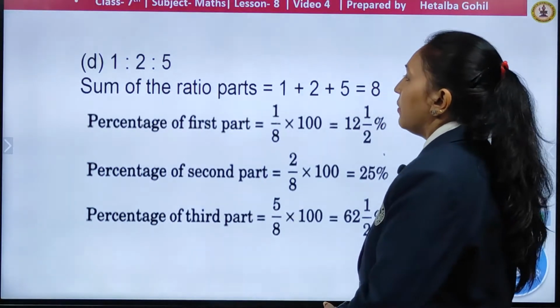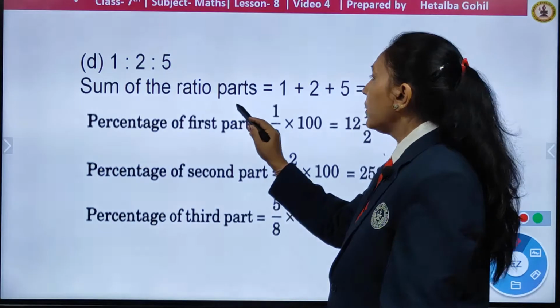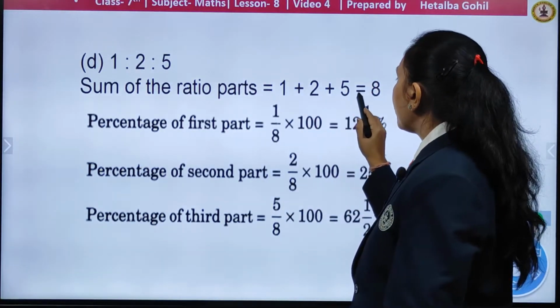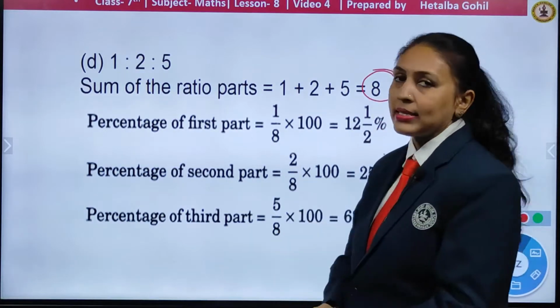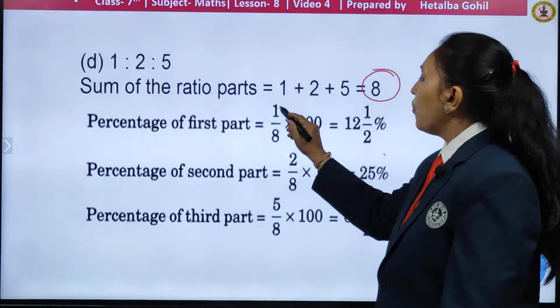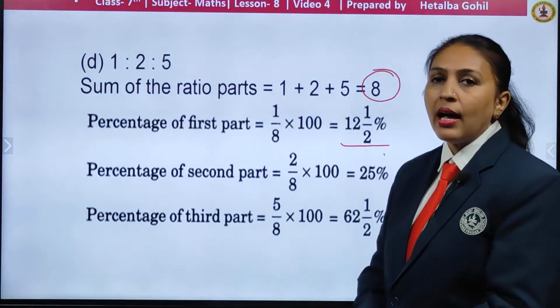Second one, 1:2:5. First we will find the sum of all the parts, that is 1 plus 2 plus 5, you get total as 8. Now, the percentage for the first part, 1 upon 8 multiplied by 100, you will get 12.5%.